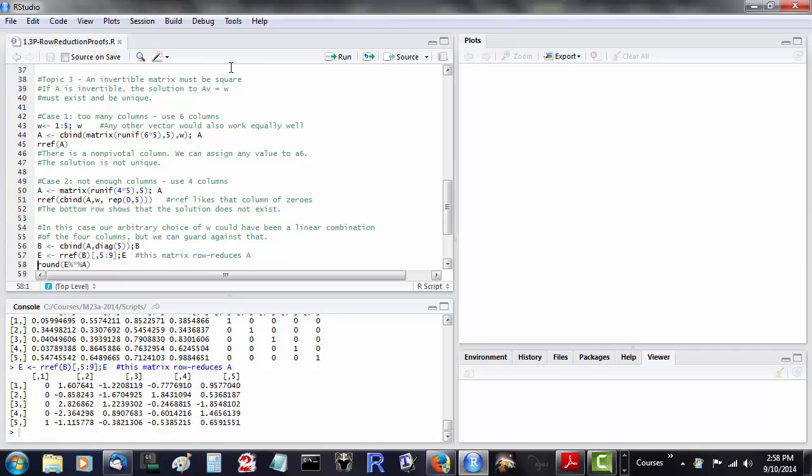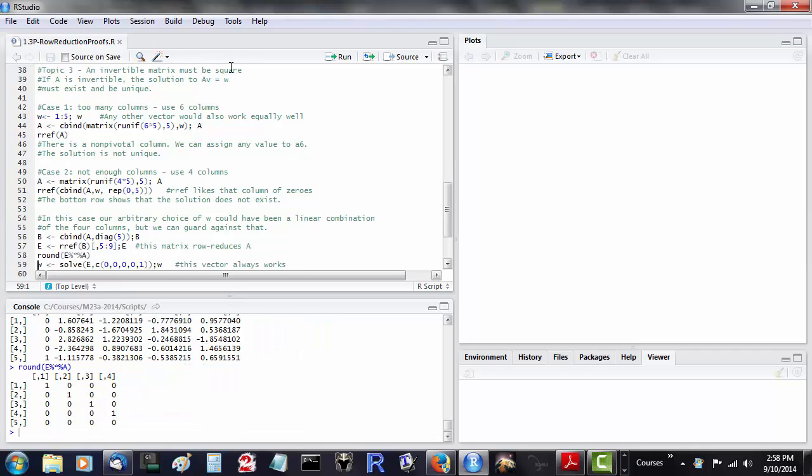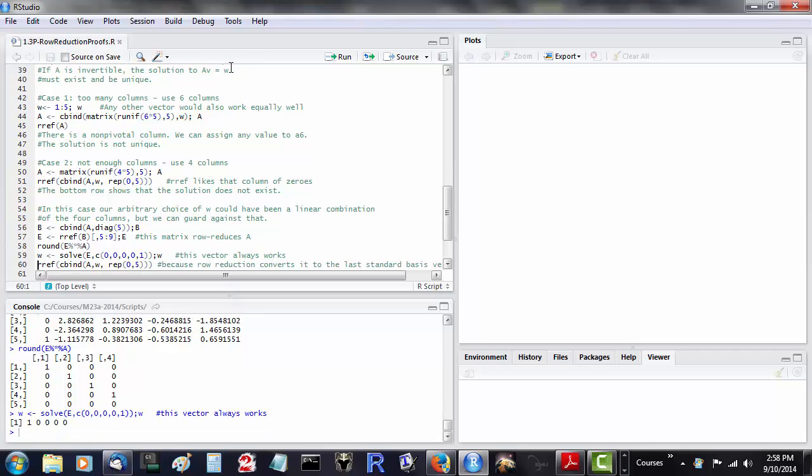There's the matrix that row reduces A, and if I solve the equation E times the last standard basis vector equals W, then I find a vector that always works, and the reason it always works I've already shown you.